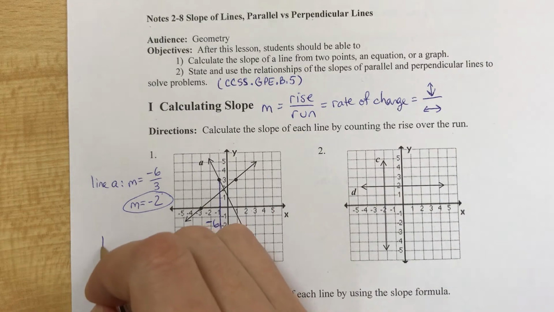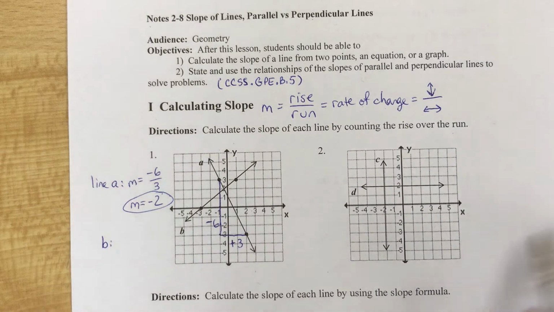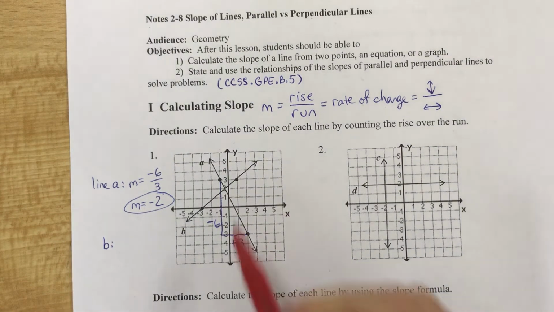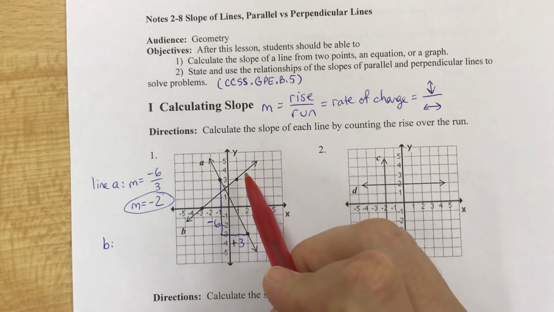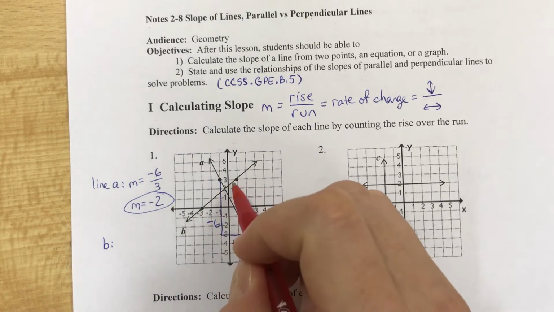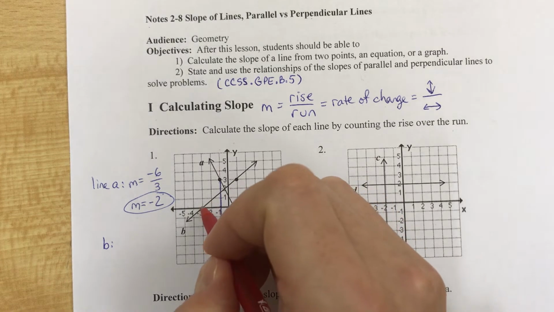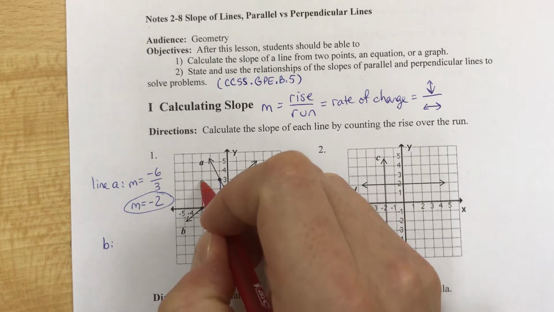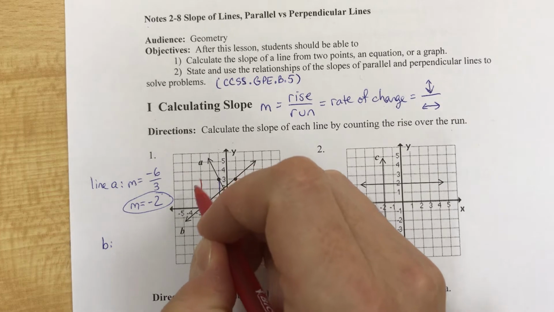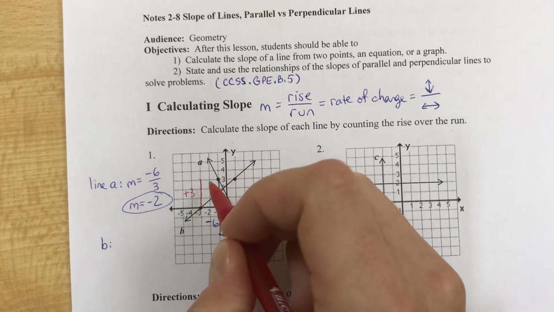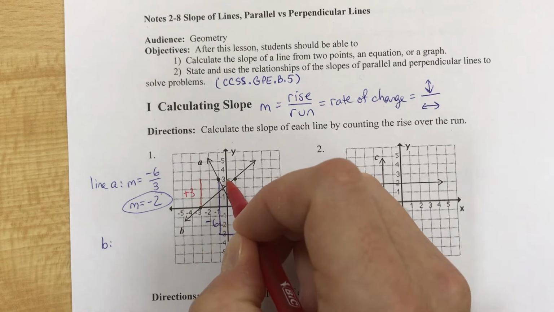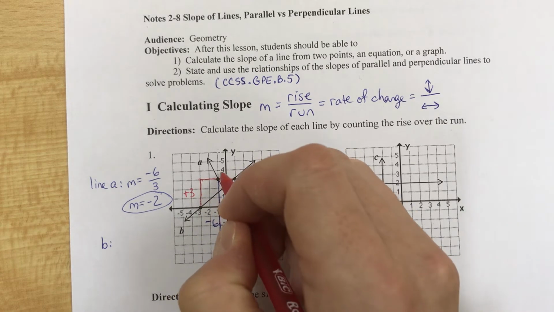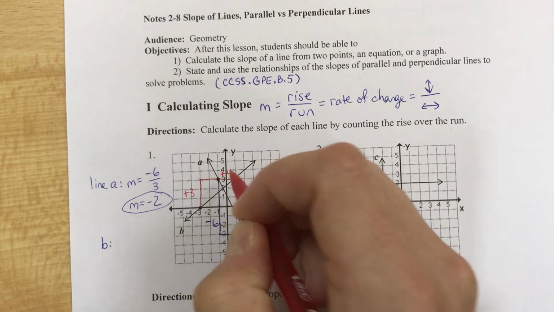For line B, this time, from left to right, it's going up, so this will be a positive slope. Now I always start, again, at the point on the left. We're going to rise, going up 1, 2, 3, which is positive, and then we're going to run to the right 1, 2, 3, 4, which is also positive.